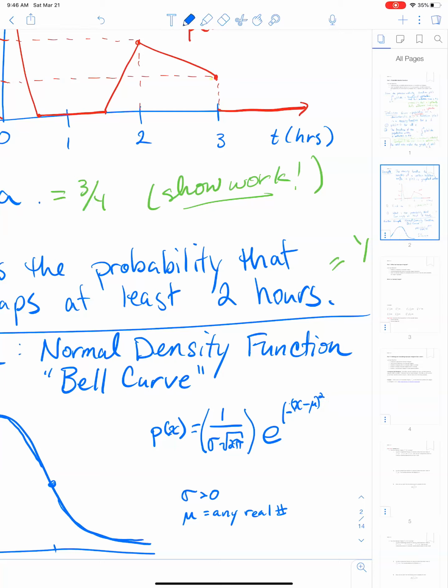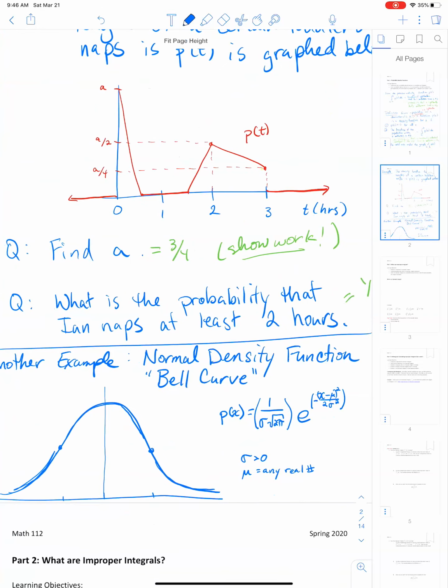X minus mu squared over 2 sigma squared. Okay, so this is the formula for a bell curve, and many quantities in nature are distributed according to normal densities.